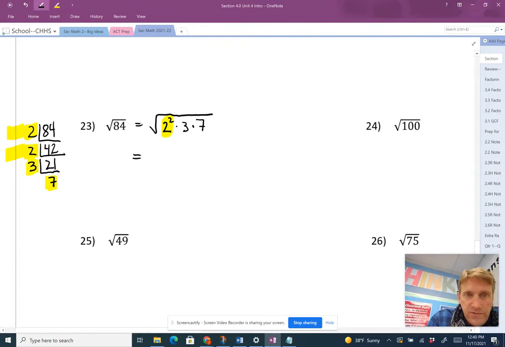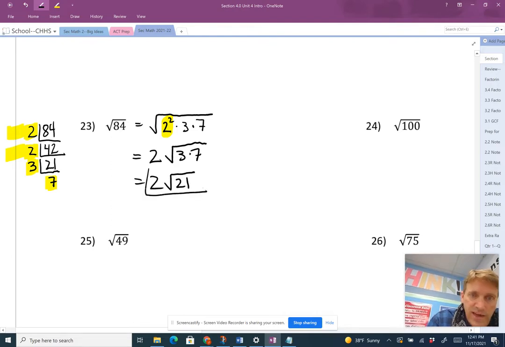And so the square root of 2 squared is 2. 3 and 7 don't have pairs, so they stay under the radical. 3 times 7, and we just multiply them together. 2 times the square root of 21. And that is the square root of 84 simplified.